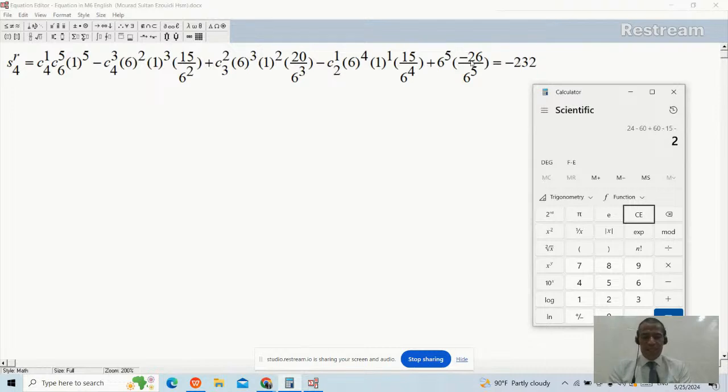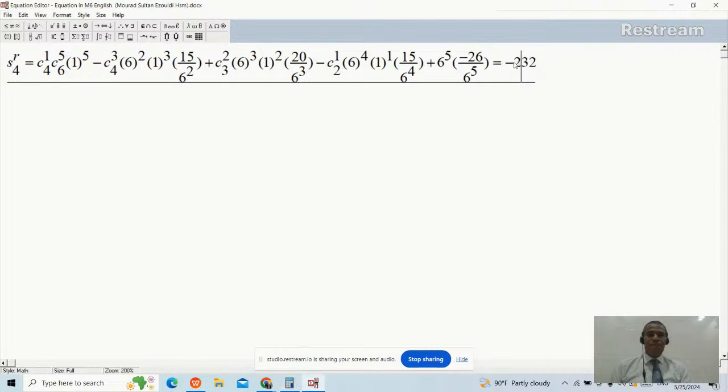This, learners, should be equal to negative 17. Equal negative 17. I will write negative 17. I will repeat this again.